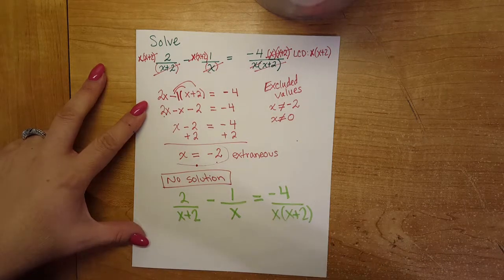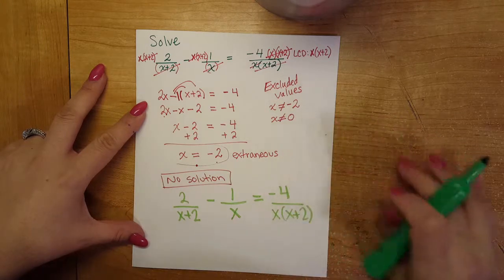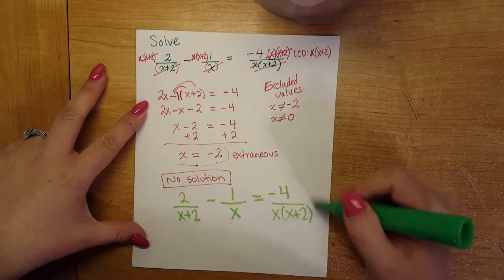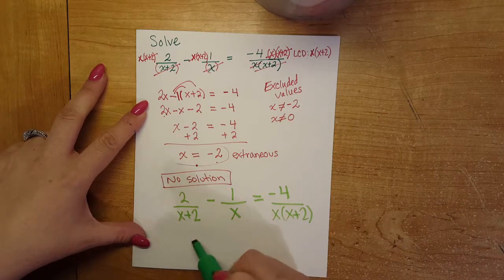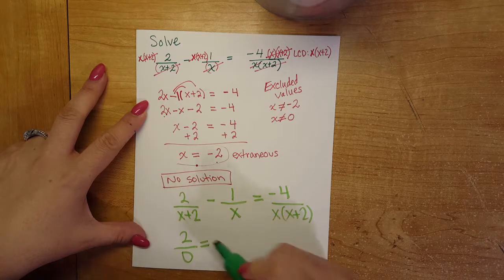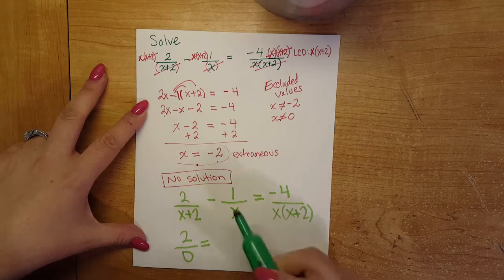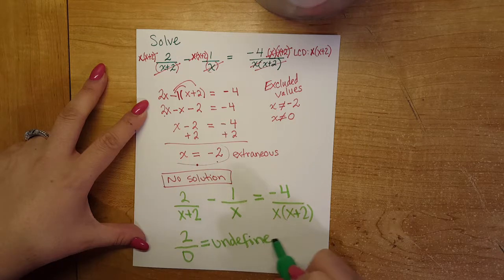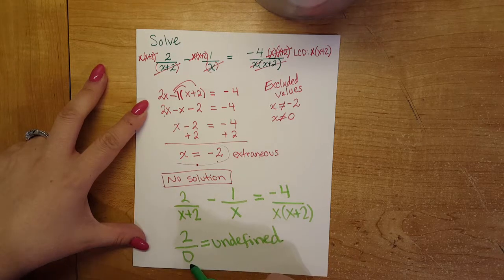Basically, what this represents is we cannot have a 0 in the denominator, because if we plug in a 0 in the denominator, for example 2 divided by 0, your calculator will tell you an error. So this is undefined. We cannot have a 0 in the denominator.